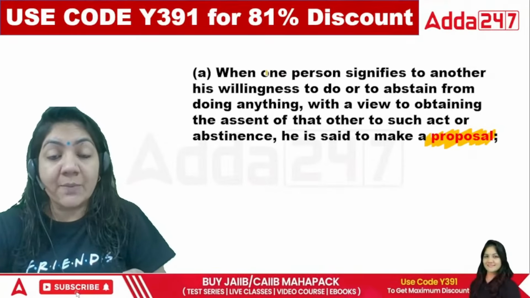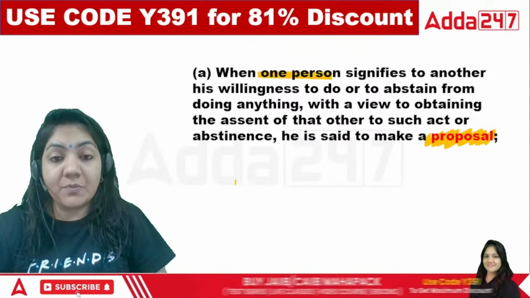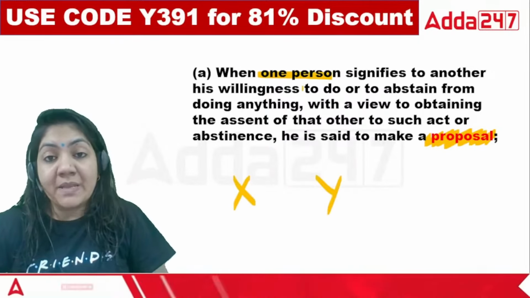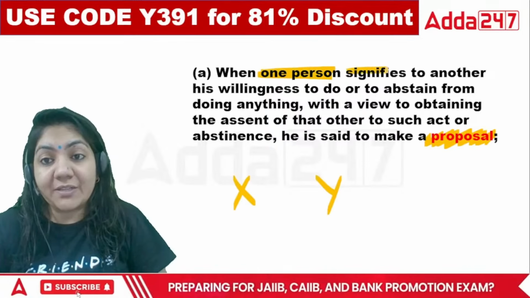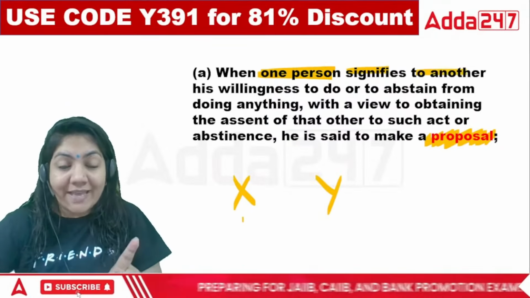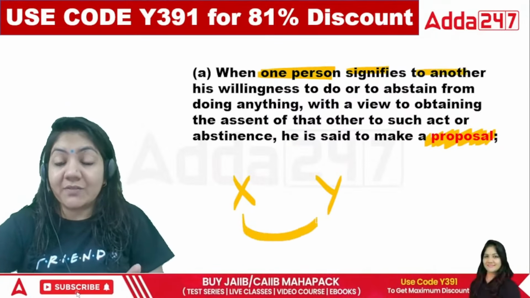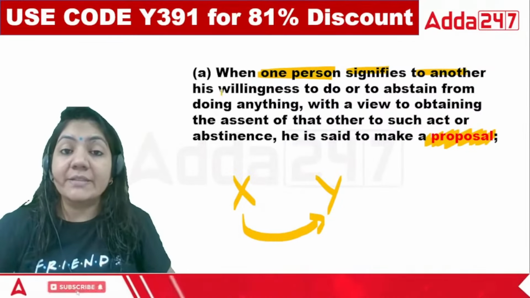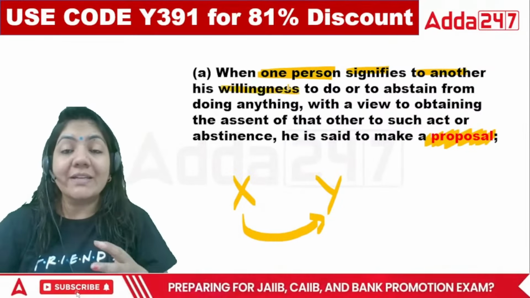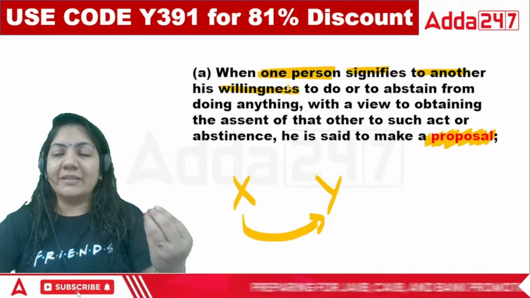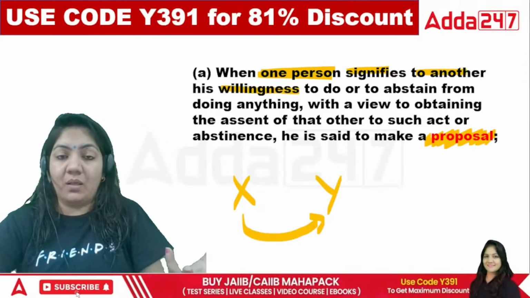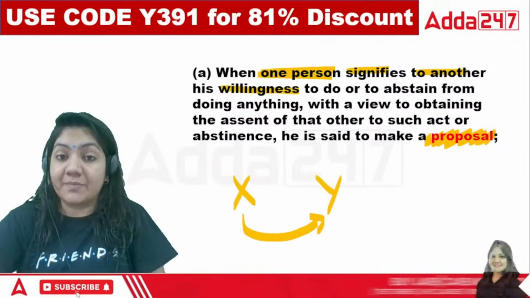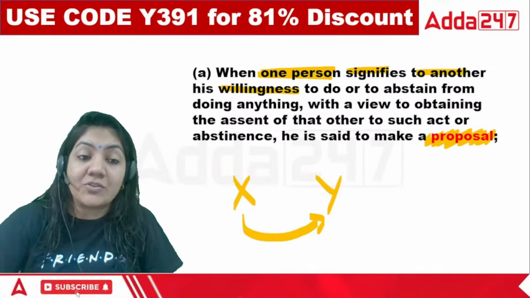The wording says that when one person, suppose X and Y, so when X signifies, means indicates, to another his willingness. What is willingness? In Hindi we say ichha, a voluntary decision.